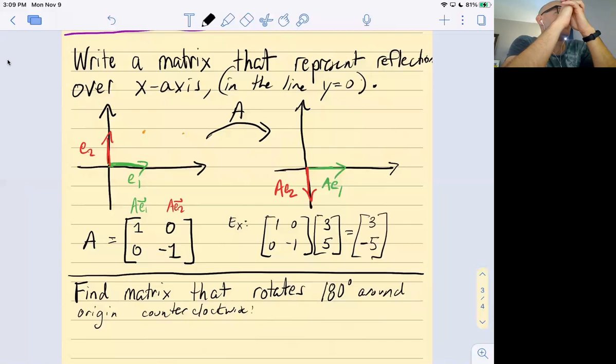Okay, so a good place to start is you should always start off with just a regular picture, and then ask yourself, okay, when I do this transformation, after I move it around, what happens to my green arrow, and where does my red arrow move?